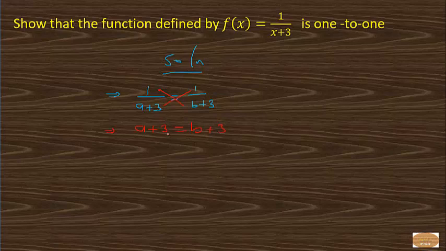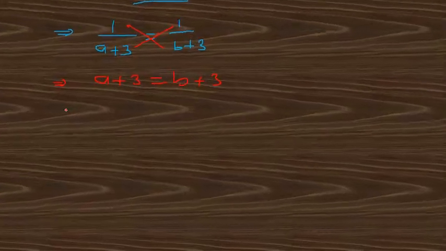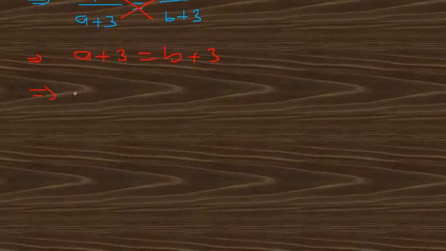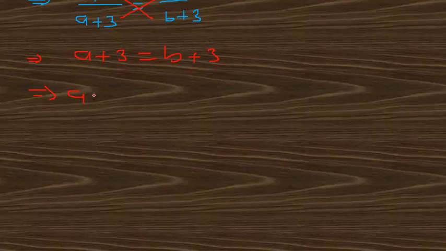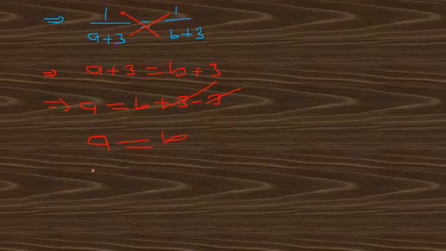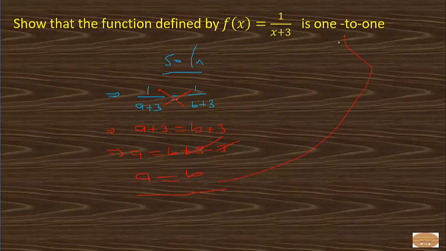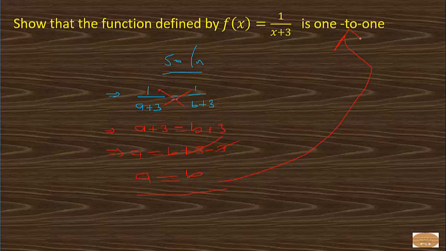So this is the same as subtracting 3 on both sides. Cancel this. So a equals b. So this one is a one-to-one function.